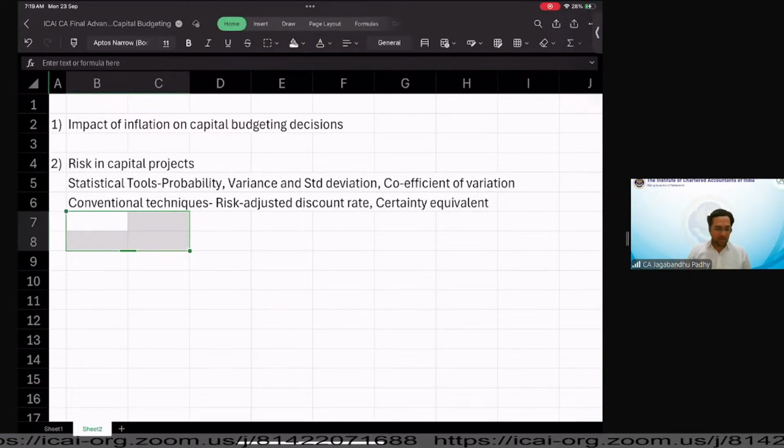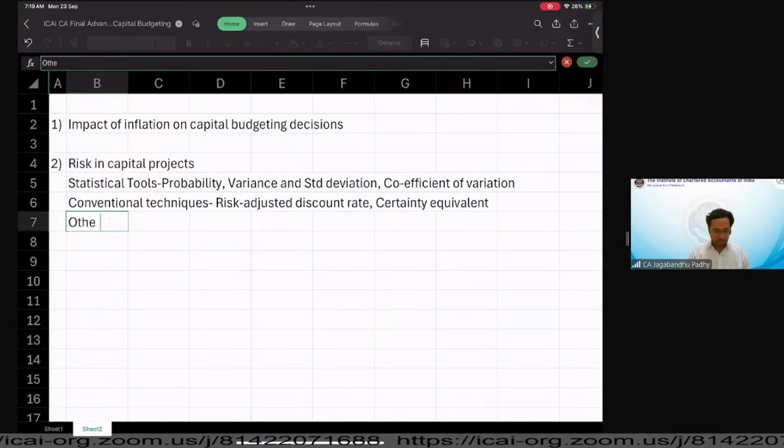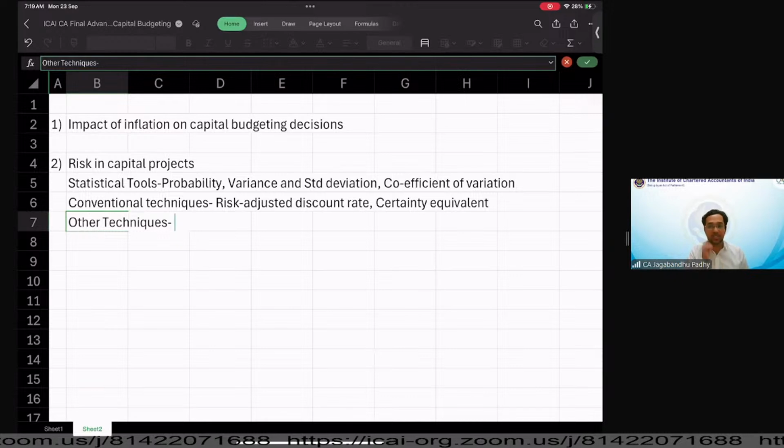Then some of the other techniques that we have to understand to measure the risk in a typical project: something called sensitivity analysis.